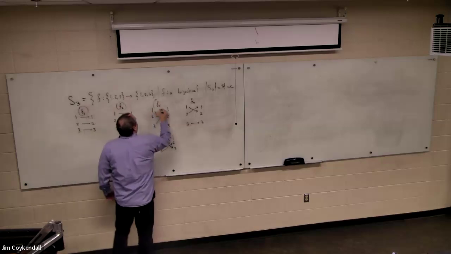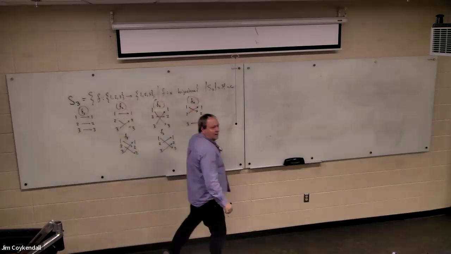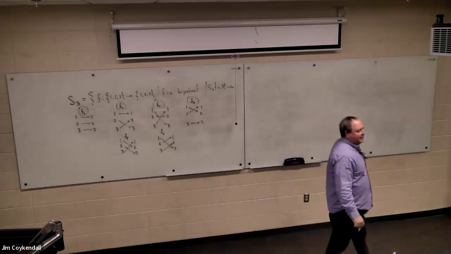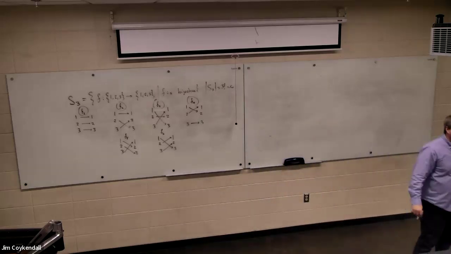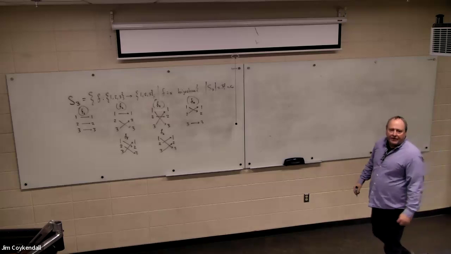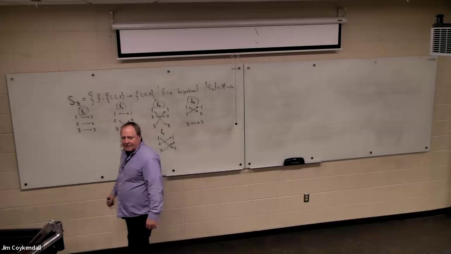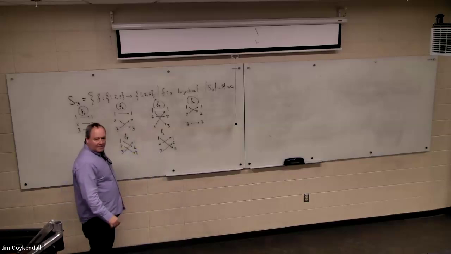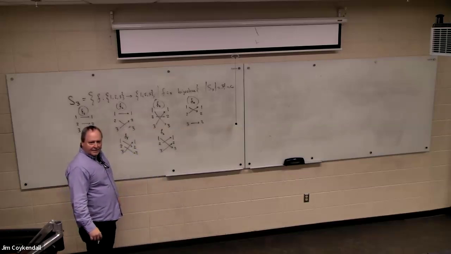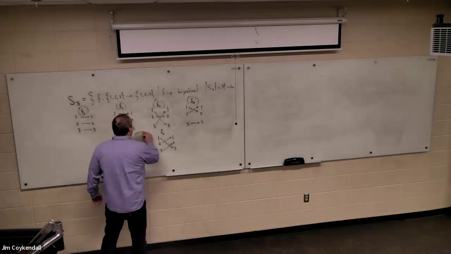The ones that I'm circling here, all those four, including the identity, are their own inverses, right? What do you suppose the inverse of F5 is? Or, I mean, F6. These two have to be inverses.